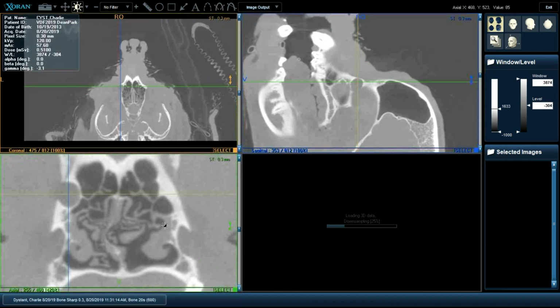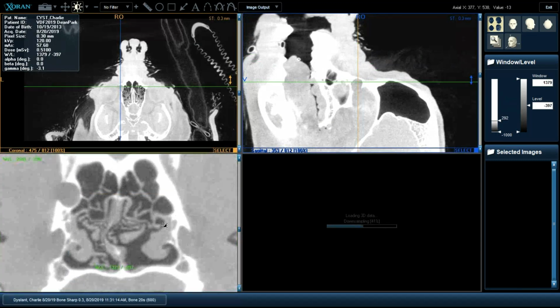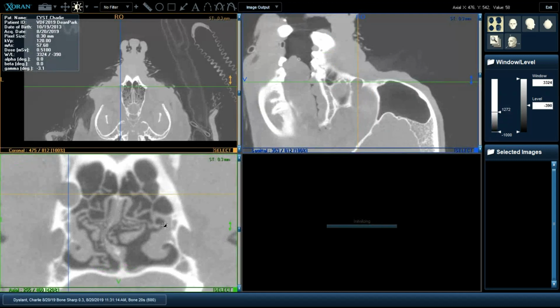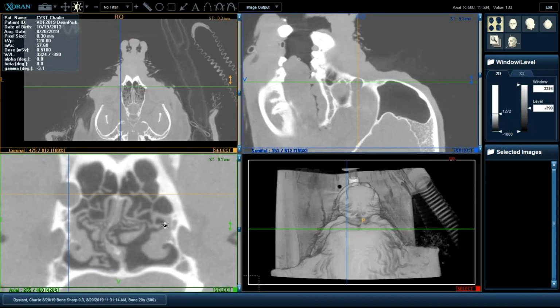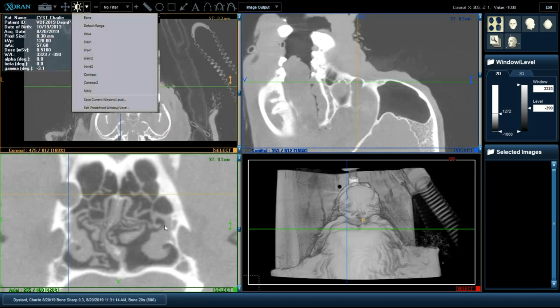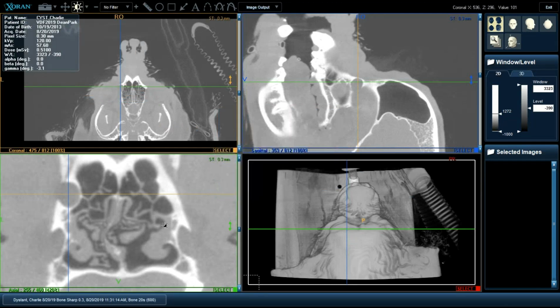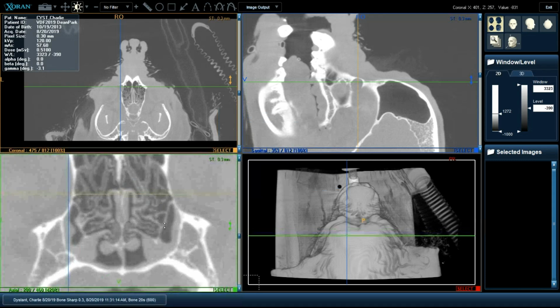So I'm playing with this a little bit so you can appreciate how easy it is to change. But there will be differences in contrast from screen to screen and from room to room. But we can certainly save this preferred contrast very easily. Just go right here and save this current contrast and call it whatever we want. And from now on, we have it saved as a reference.